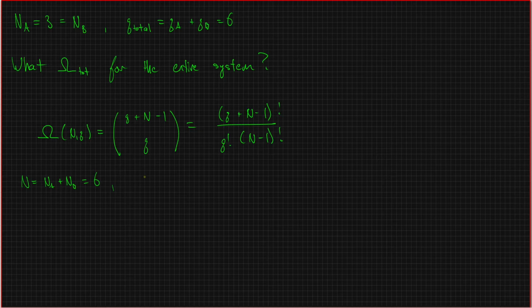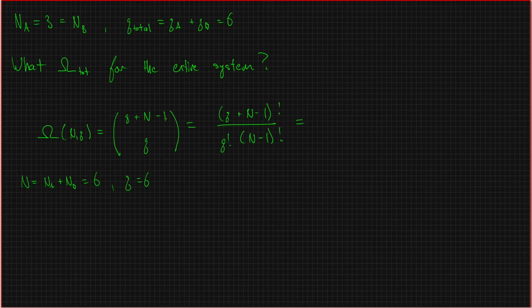I don't know if anybody can hear my cat, but he will not shut up in the background. So Q total here, I'm just going to call Q. Again, it's just given as 6. So in order to calculate the total, just plug both of these in here.